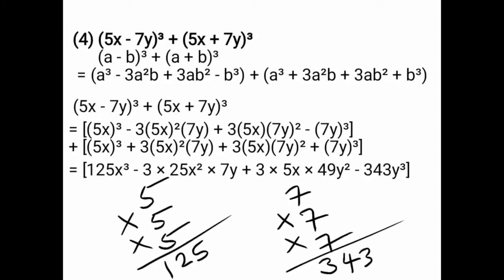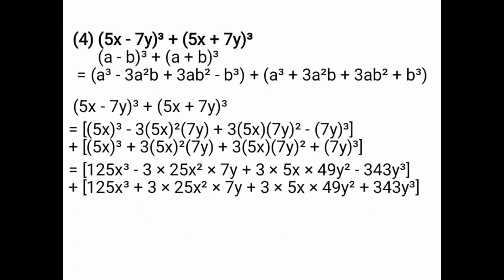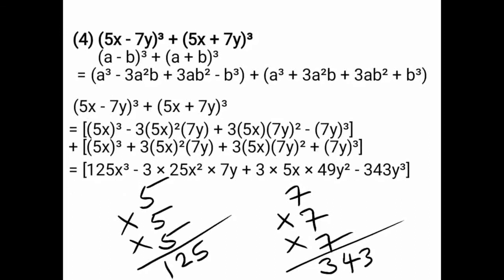That is equal to 125x cube minus 3 into 25x square into 7y plus 3 into 5x into 49y square minus 343y cube plus 125x cube plus 3 into 25x square into 7y plus 3 into 5x into 49y square plus 343y cube. I have already solved it here.